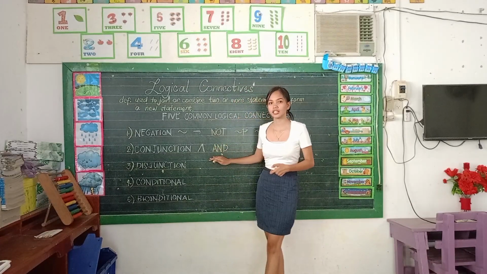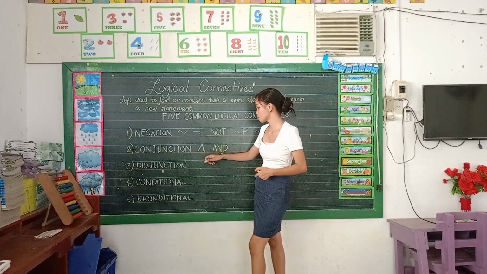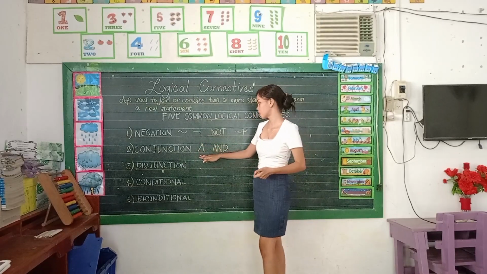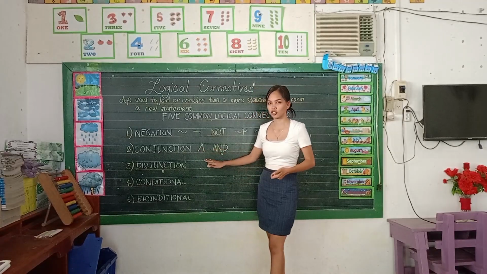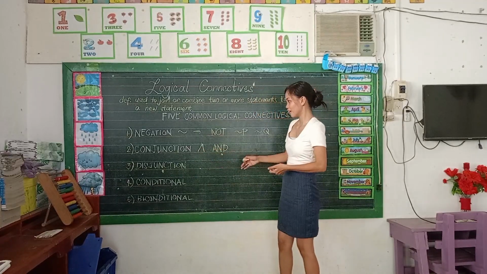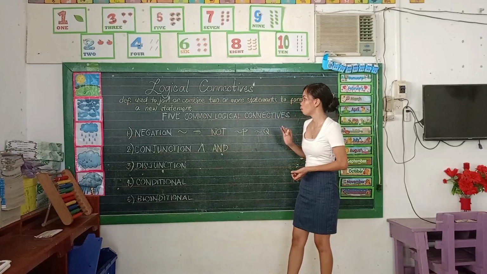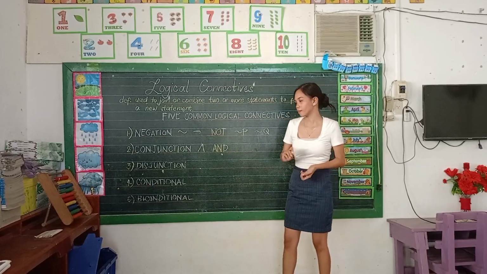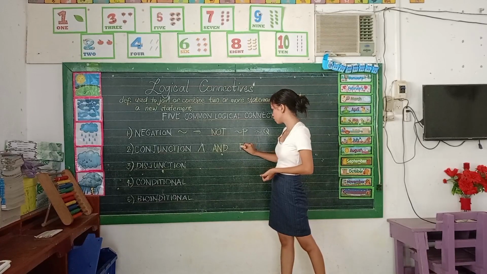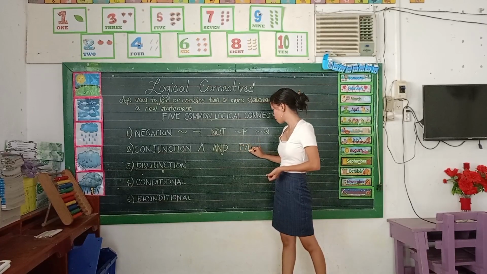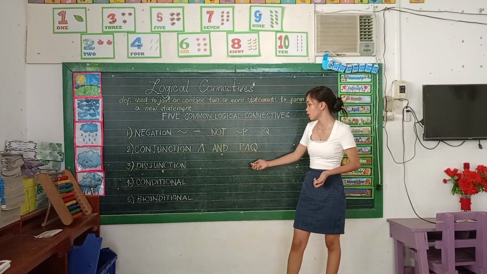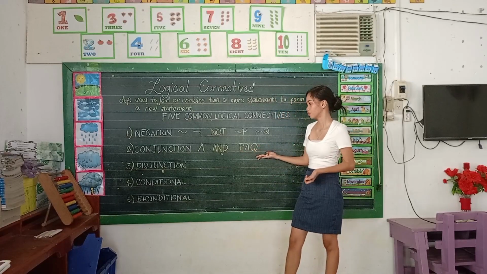It is easy to remember because its symbol resembles a capital letter A without the crossbar. If we combine two propositions using conjunction, it will be written like this, using the symbols. And this symbol translates to P and Q.